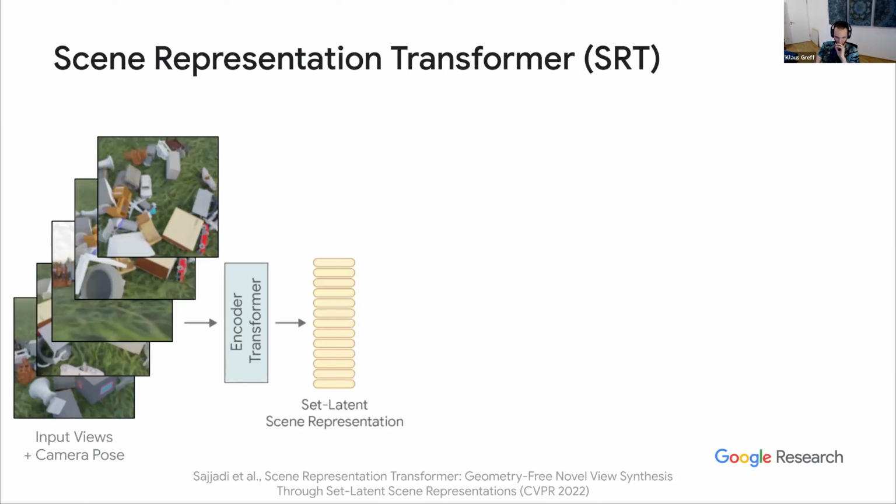So instead, what I want to present to you today is the Scene Representation Transformer that came out of our group, which combines light field parameterization, as I mentioned before, with an amortization process. So instead of training a neural network for every scene anew, we now train an encoder.